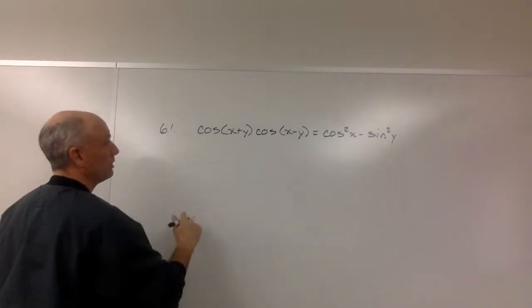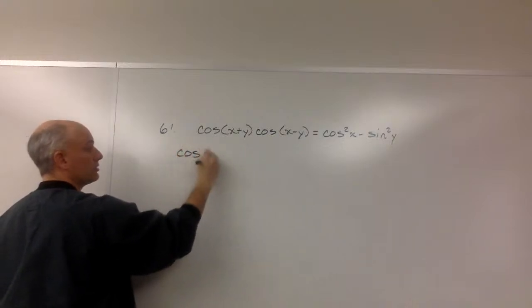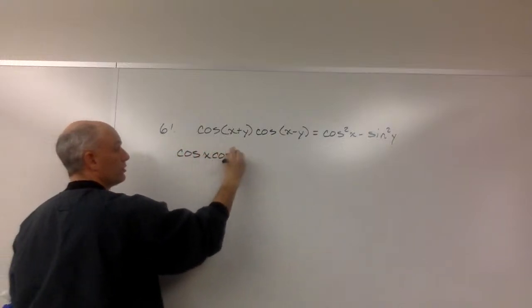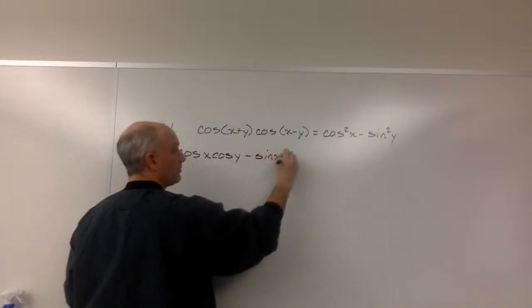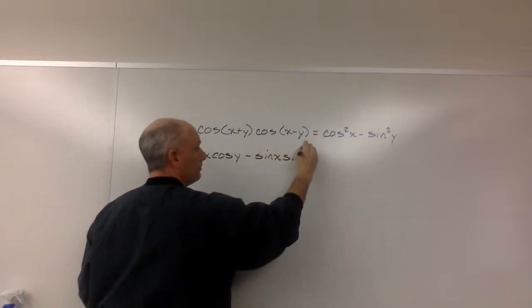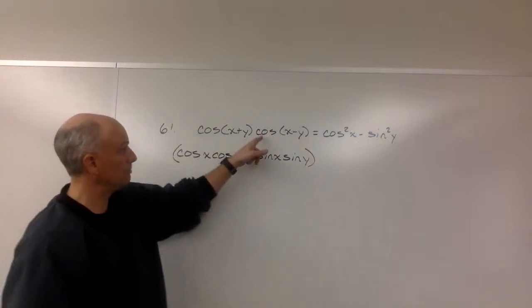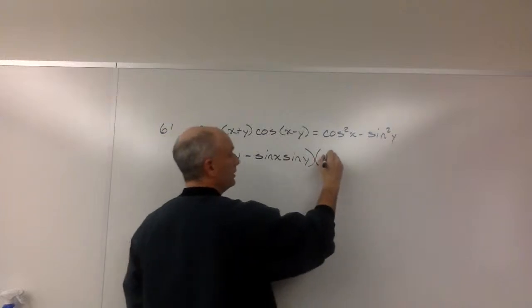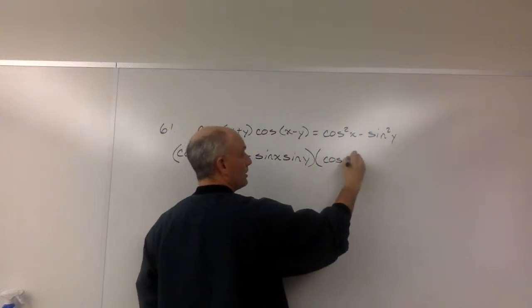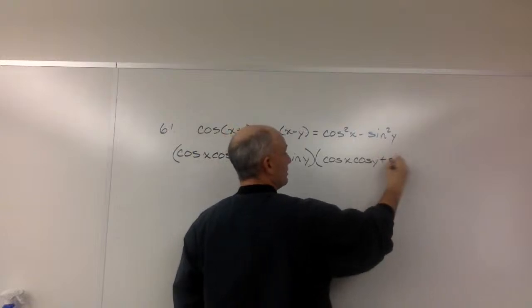All right, so expanding cosine of x plus y, I'd have cosine of x, cosine of y minus sine of x, sine of y. I'm going to want that in parentheses here because I'm multiplying it with the expansion of the other one. Cosine of x, cosine of y, plus sine of x, sine of y.